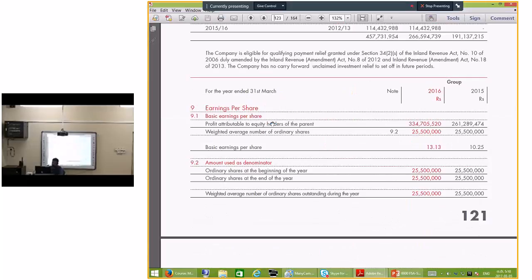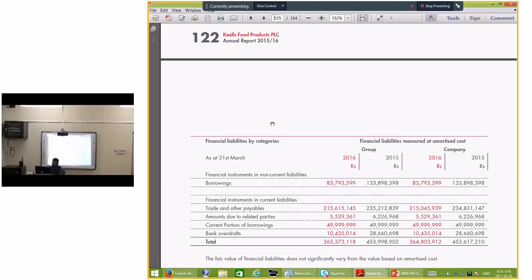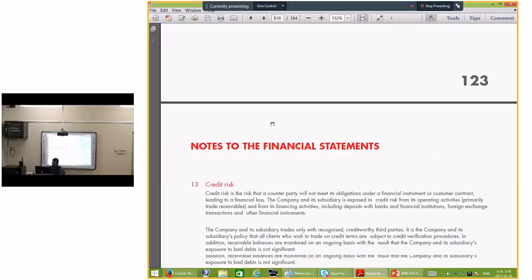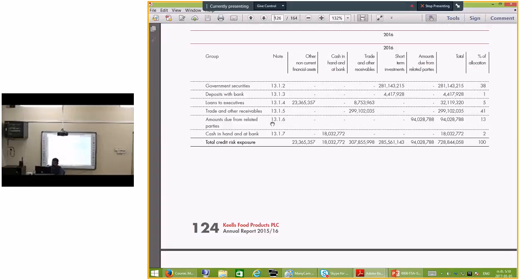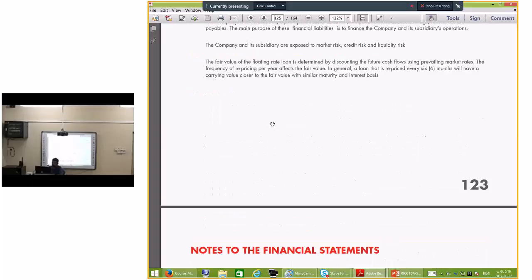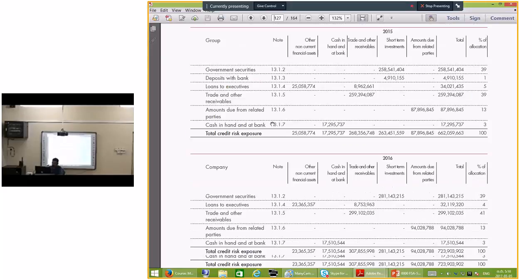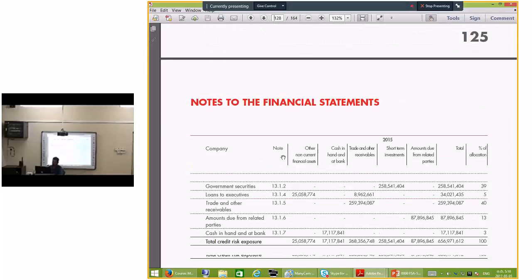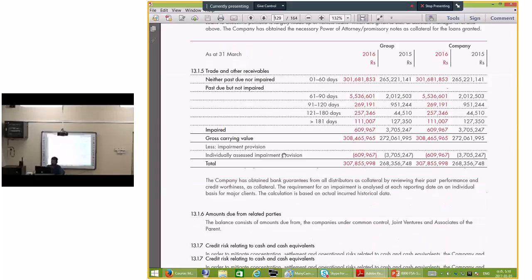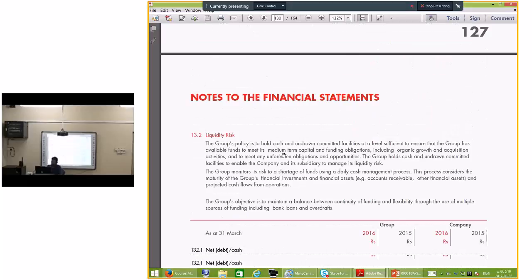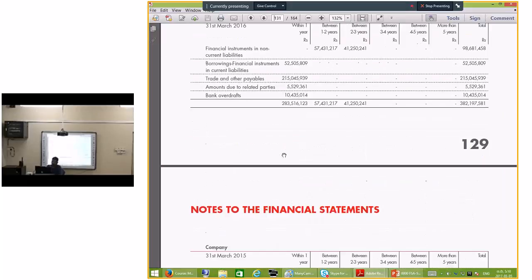You can see shareholders details and dividend details here. Then clearly you can understand what are the key components of this annual report.